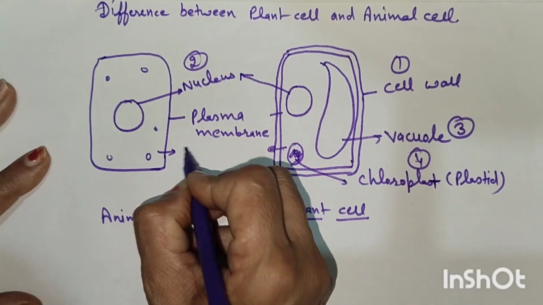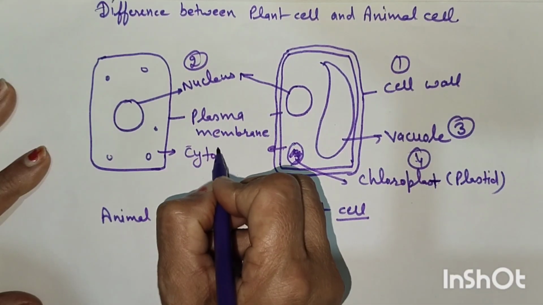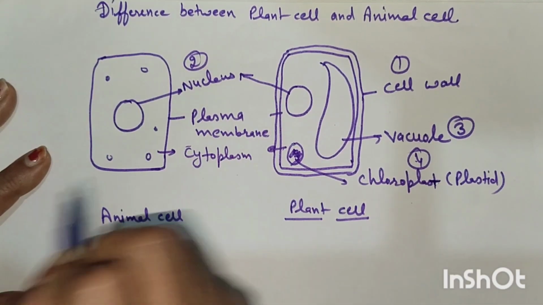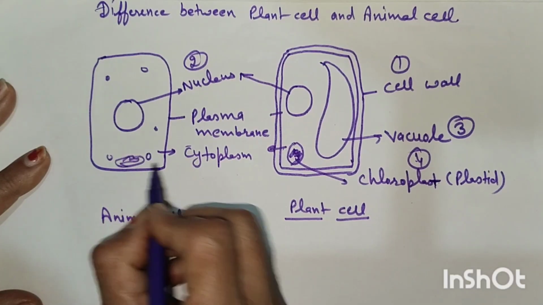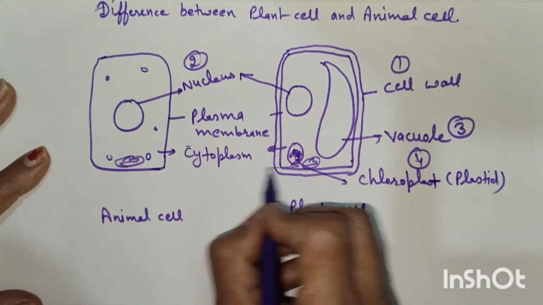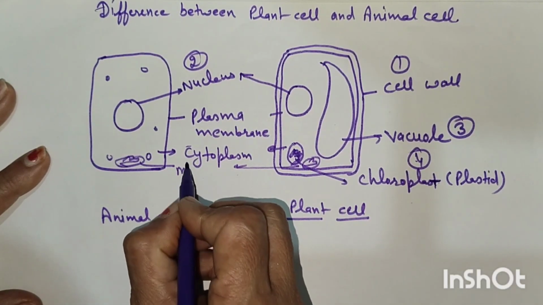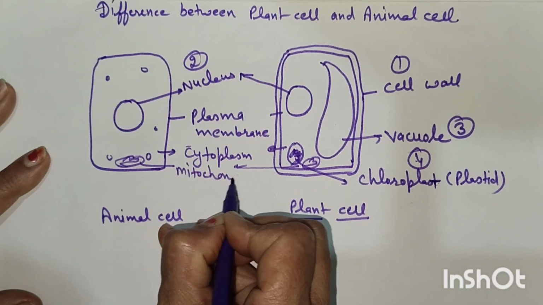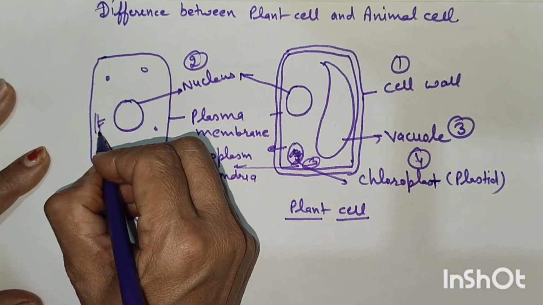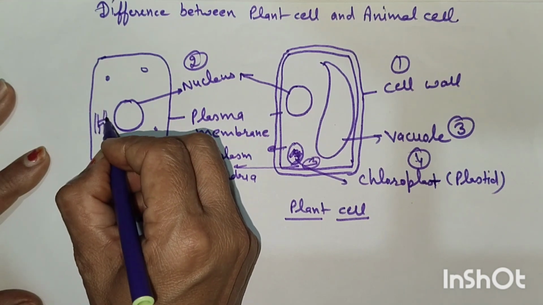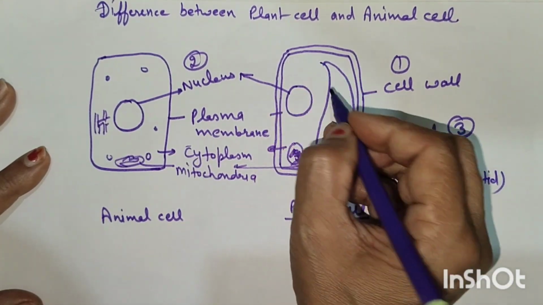Liquid material cytoplasm is present in both the cells. Mitochondria are present in both the cells. Endoplasmic reticulum is present in both the cells.